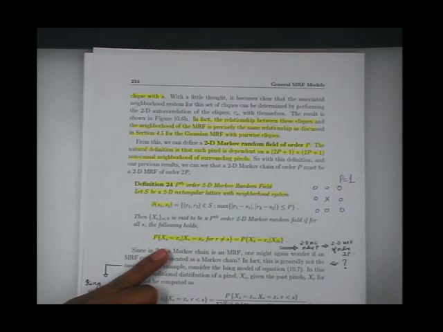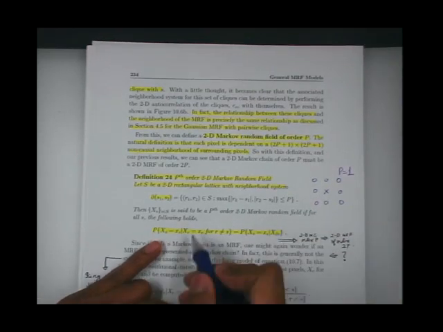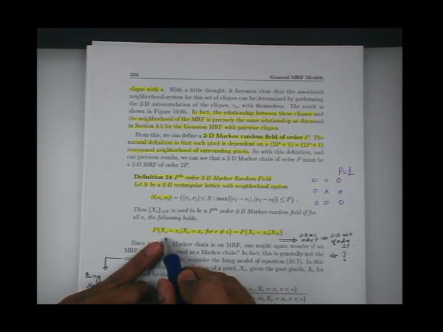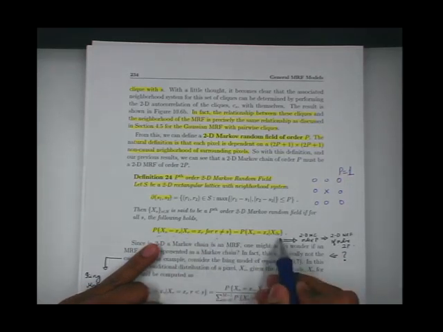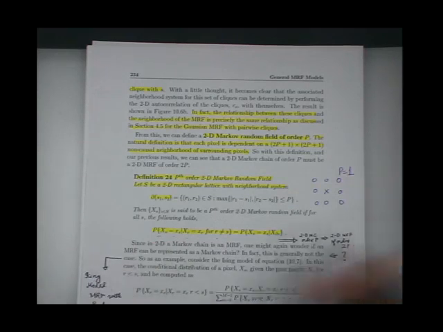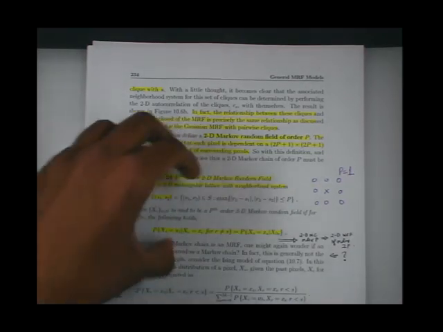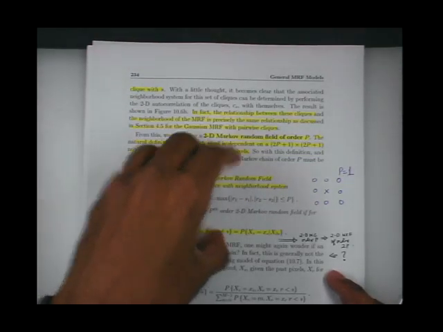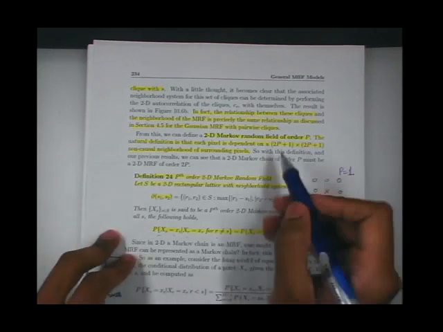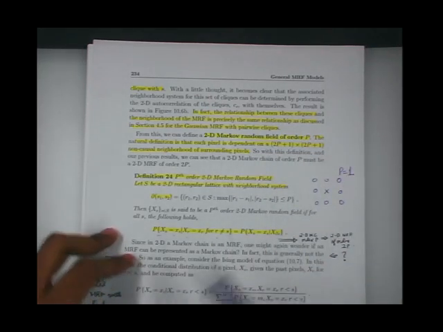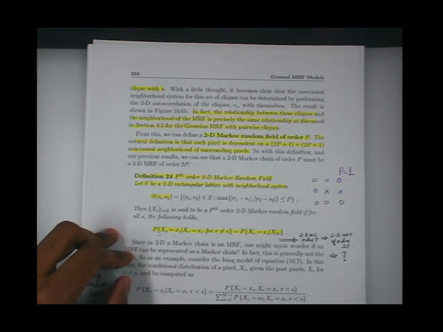If we define the neighborhood this way, then the definition of a 2D Markov random field of order P is that the probability of a pixel given all the other pixels in the field is simply dependent on that neighborhood. So we defined a Markov chain and a 2D Markov chain of order P, and now we have defined a 2D Markov random field of order P. The other thing we made a note of is that the 2D Markov chain resulted in a 2D MRF, but it doubled the order. Are there any questions about this?